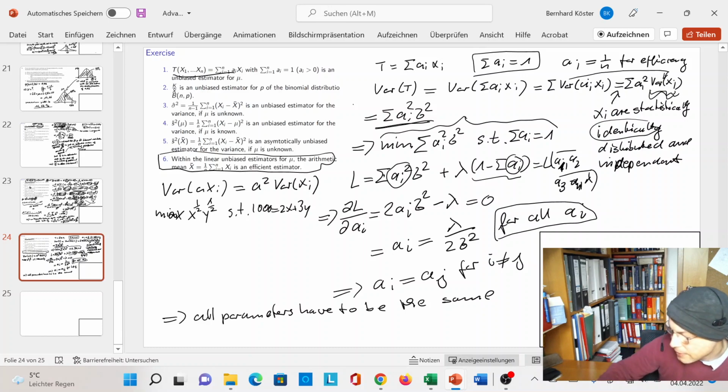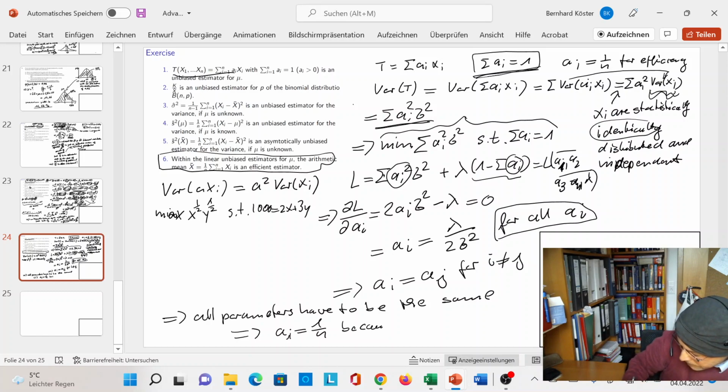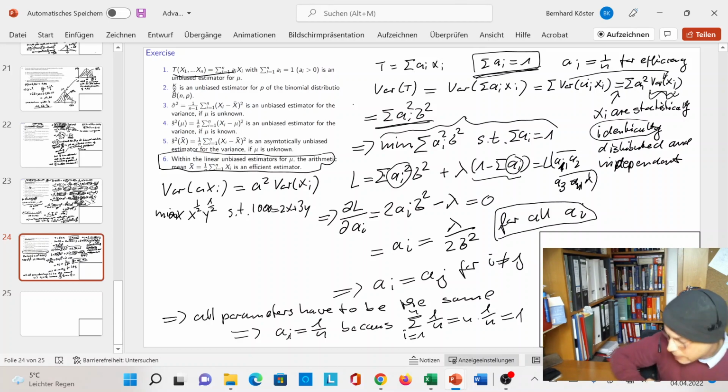If all parameters are the same and they have simultaneously to sum up to 1, then of course this means a_i equals 1 over n, because the sum over i from 1 to n of 1 over n equals n times 1 over n equals 1. And here we are finished.